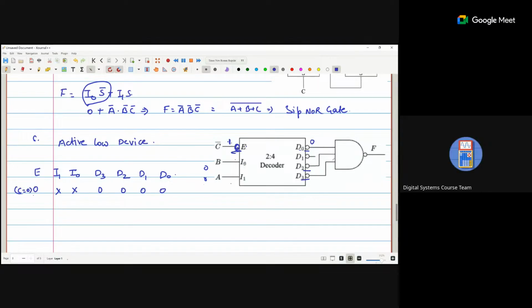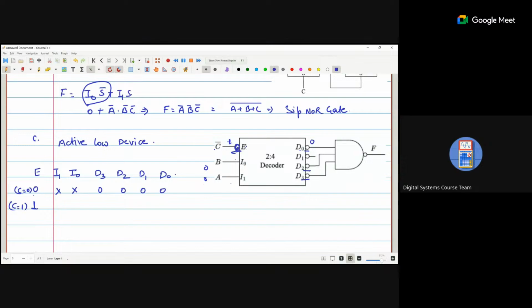So when C is 0, whatever input we apply, the output is always 0. When C is 1, that means C bar is 0, and because of this bubble, enable is 1.